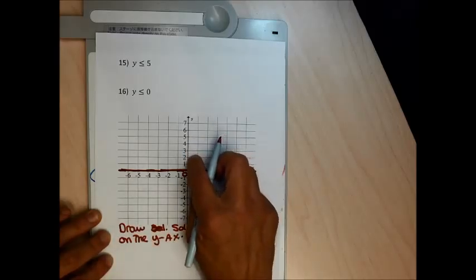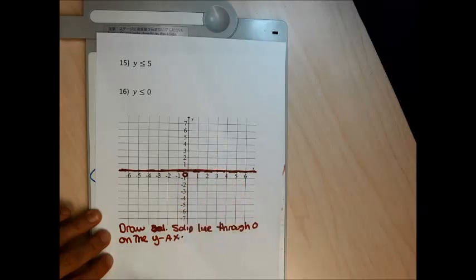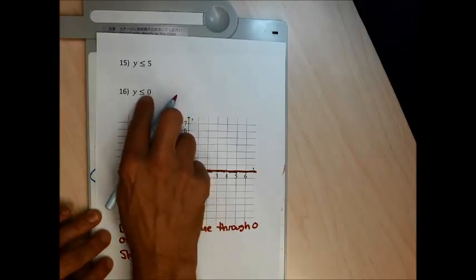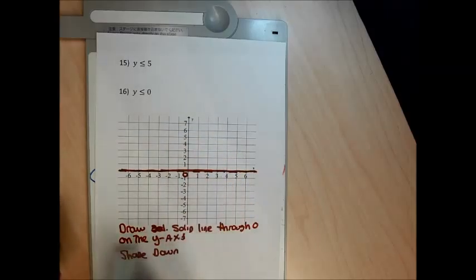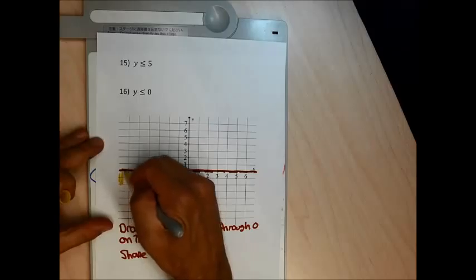And you can see 1's there, negative 1's there, 0 is right in between. And then I need to shade, and I'm going to shade down because I want y's that are less than 0. Less than 0 implies negative. For y onlys, less than is down, greater than is up. So I'm going to do my shading.